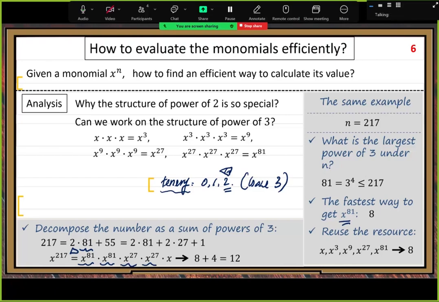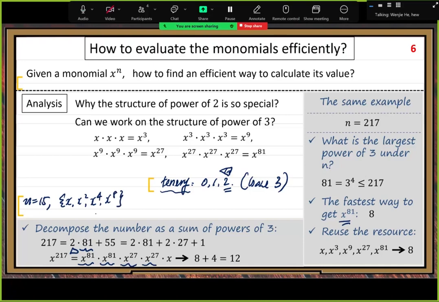For example, let's look at the case when n equals 15. If we do repeated squaring, let's see how many multiplications we need. First, in our preparation round, x squared, x to the 4th, x to the 8th.